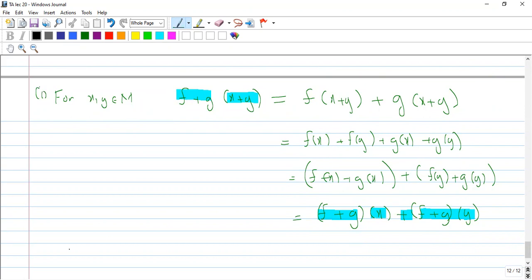And for the second property, for x in M and r in R, if I apply f plus g to rx, it is equal to f of rx plus g of rx.